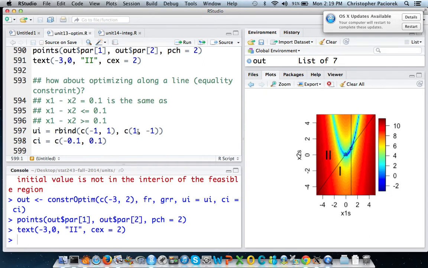And I didn't actually quite get this to work. I was trying to do this to actually optimize along a line. And so I tried to be clever and say, well, optimizing along the line x1 minus x2 equals 0.1 is the same as putting in this inequality constraint and then sort of the reverse inequality constraint, just flipping the greater than or equal to or less than or equal to. So I was thinking that what I could do was try and figure out what the optimum is if I just restrict myself to being on this line.